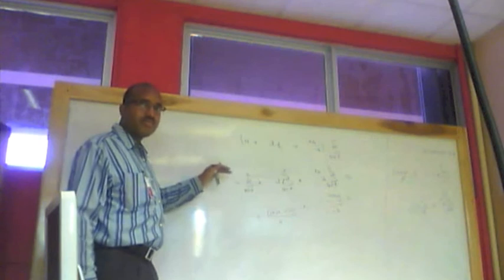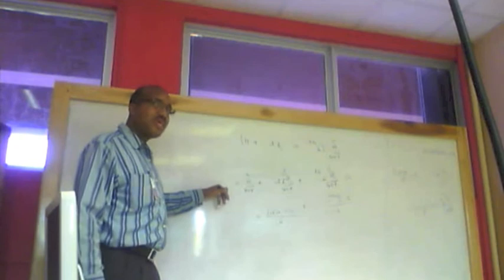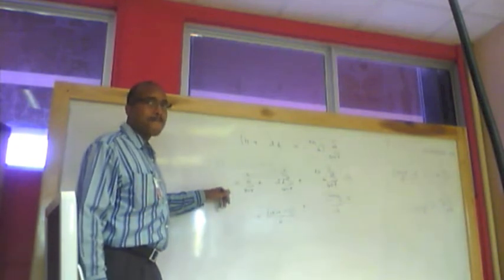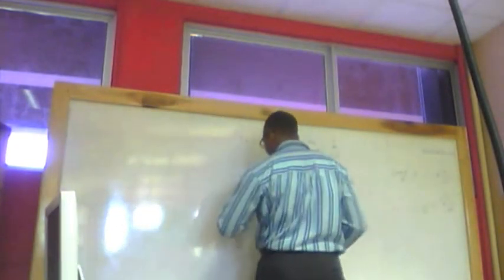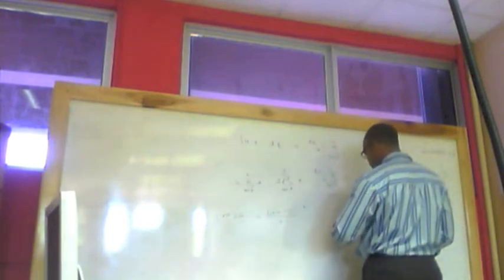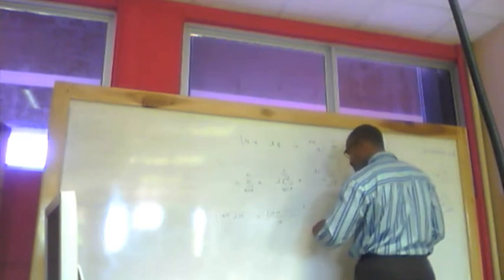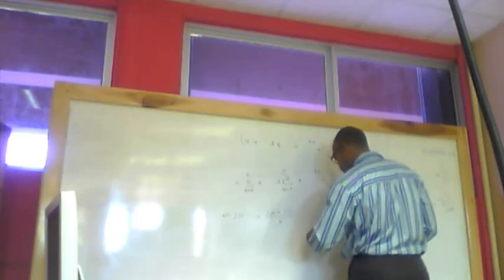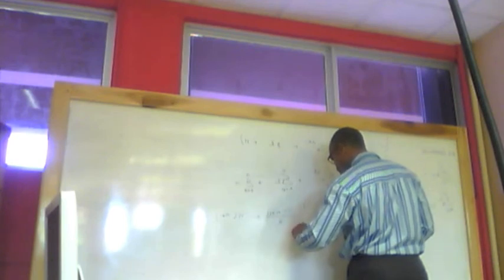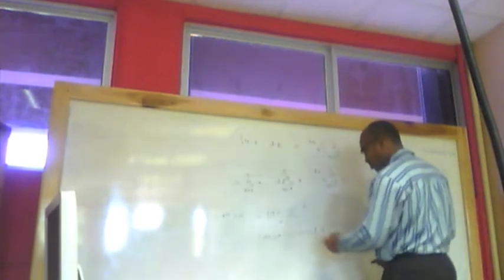You have n plus 1 n's. This is really n times n plus 1. And let's add those together.